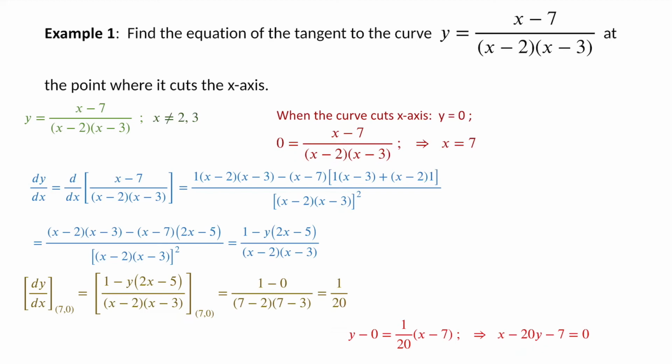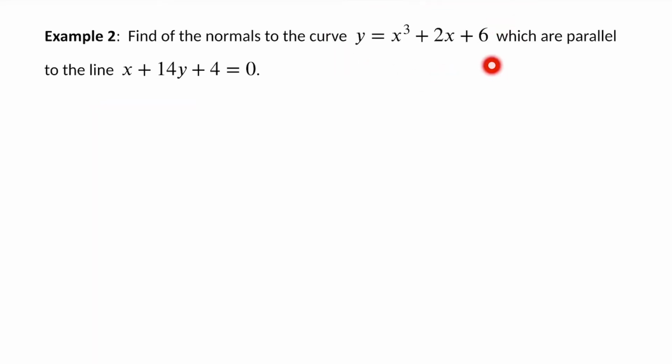Let's look at the final example. Here we need to find the equation of the normal to this curve, y equals x cube plus 2x plus 6, and we are also given that there could be more than one normal. That's possible, because we might have 2 points on the curve of the equation that we are probably looking at, which might be the case here.